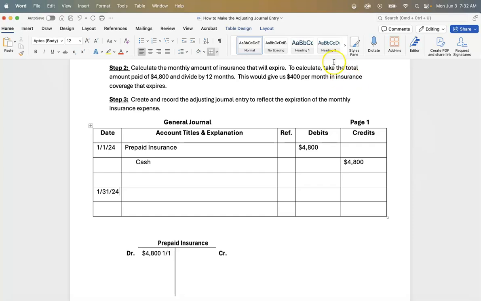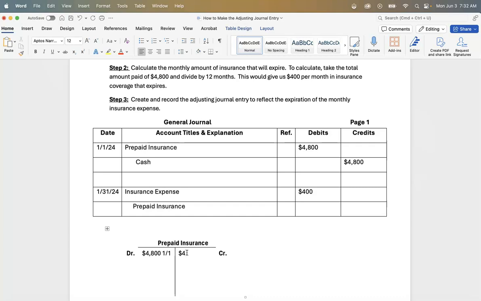So what we're going to do is debit an account called insurance expense, because that is an expense to the company. We're going to debit the expense account for that $400 monthly charge. We are adjusting prepaid insurance, which means we're going to credit $400 every month from that account to update the account balance to the correct amount, showing the expiration of insurance.